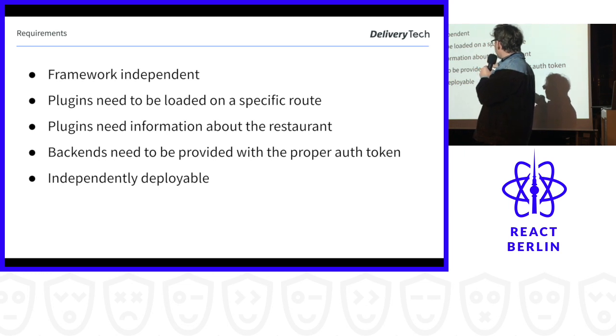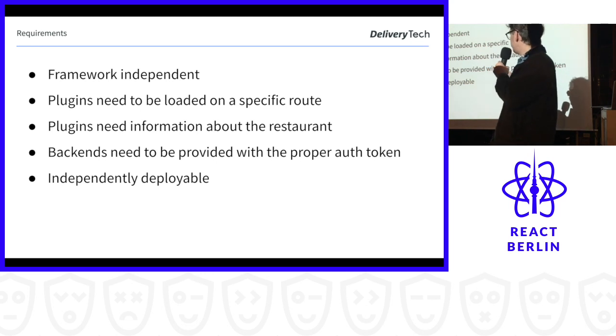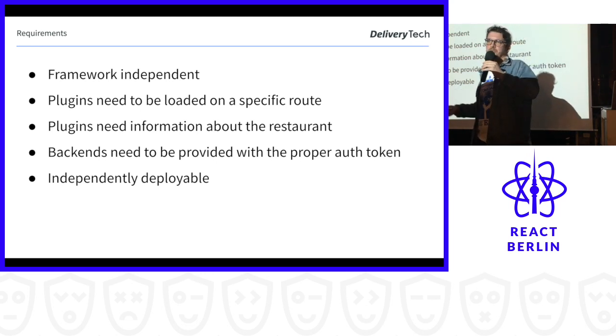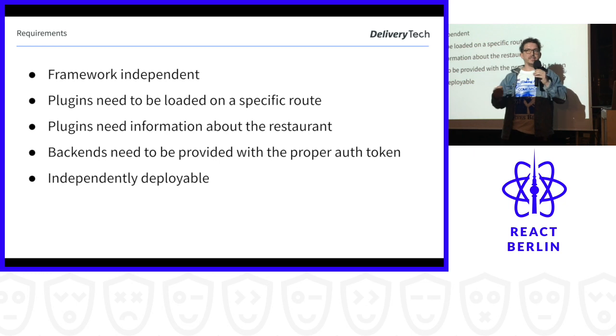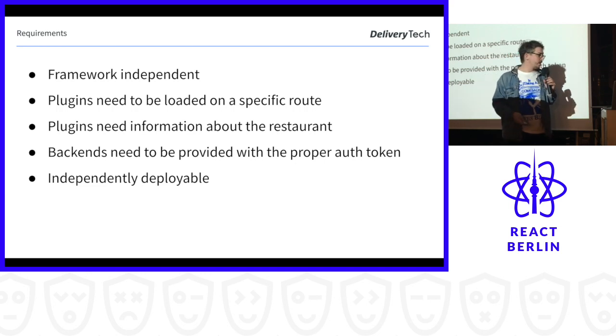The plugins need to be loaded when a certain route is hit. Let's say we have the reporting plugin: you go to /reporting, and then this plugin should be loaded. The plugins need information about the restaurant, otherwise they can just render something but not really act in context, like the current restaurant of the owner, whose restaurant ID they take to do API calls.